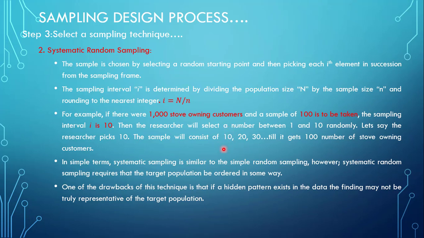So this is systematic random sampling. The difference between simple random and systematic is that in systematic random sampling you use a formula and you select by the element of succession. I is known as the element of succession. So this is the second technique.